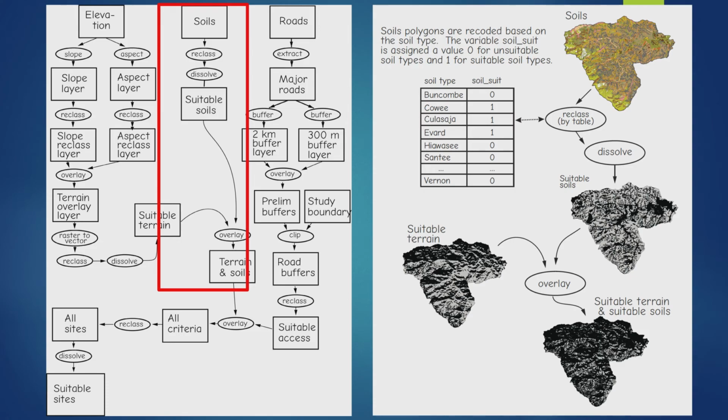So after you do a reclass, it's often helpful to do a dissolve. Imagine a simple scenario: you had population and you created a new column and changed that population field into categories. Densely populated, not densely populated. Let's just say dense and not dense.